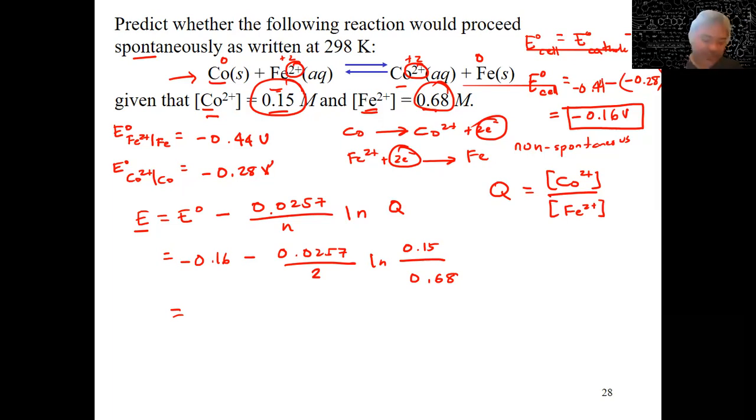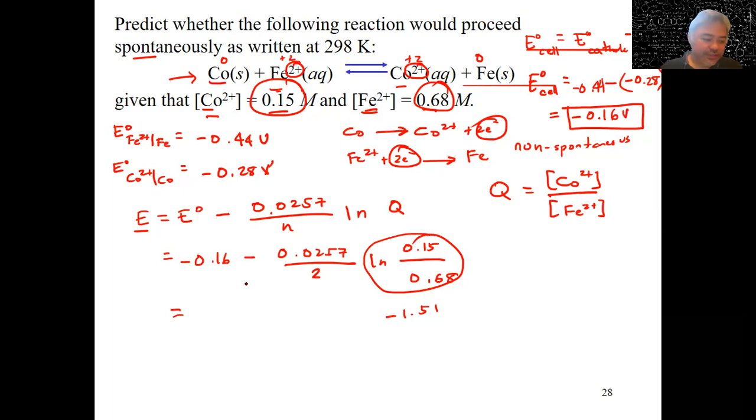So we have ln 0.15 divided by 0.68. So I get a 1.5. Ito lang dito, ha? And then I multiply it with 0.0257 divided by 2.